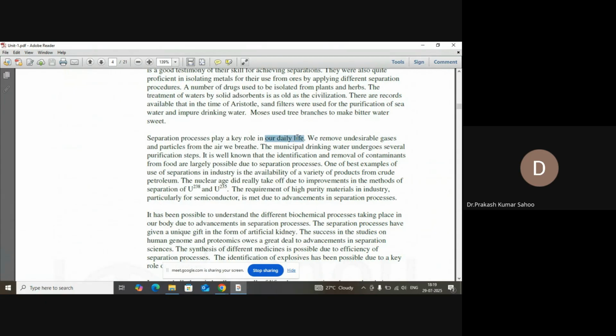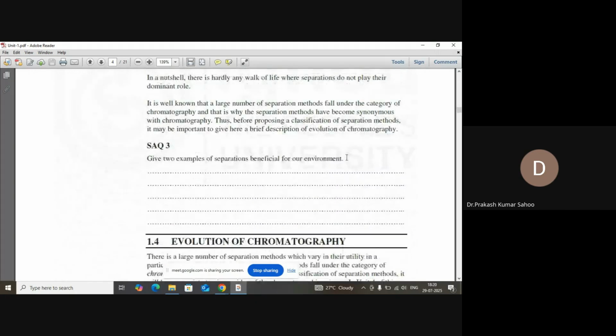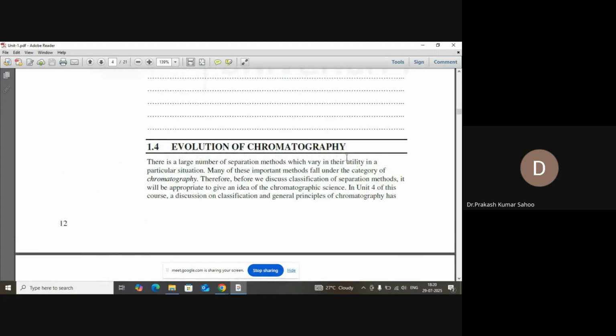What are the different techniques we are using in our daily life? For example, when we breathe, the different particulate matter is filtered by our nasal passage, and only oxygen is allowed to go inside our respiratory tract. So in this way, filtration is used.